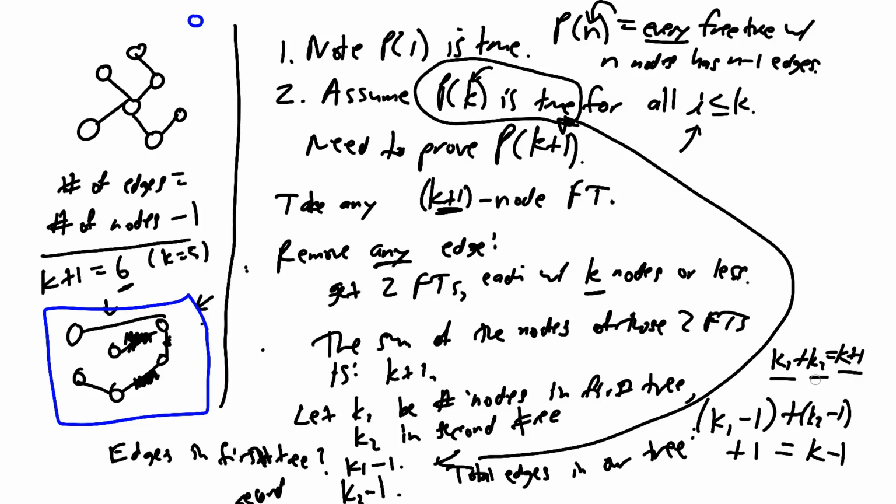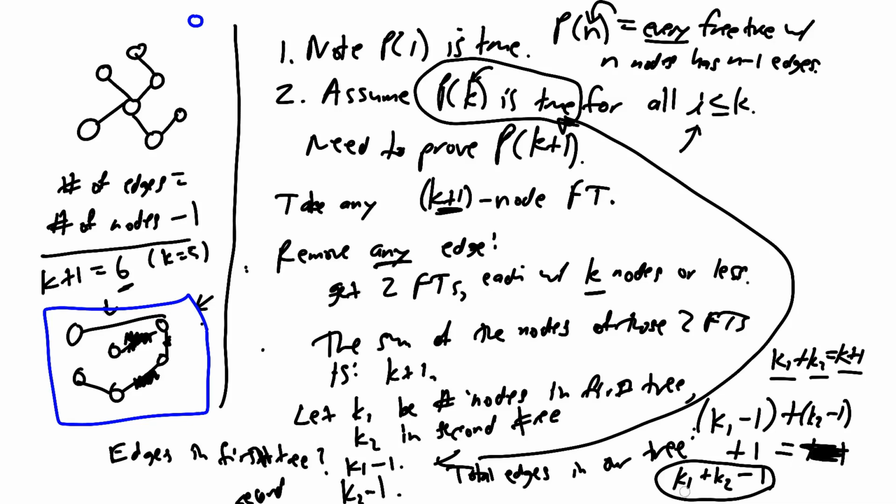Okay, so then if I take k1 minus 1 edges and add k2 minus 1 edges, and then I add 1 to it, then that is going to end up giving us k1 plus k2 minus 1 plus 1, which is k1 plus k2 minus 1. That's how many edges are going to be in our combined tree.